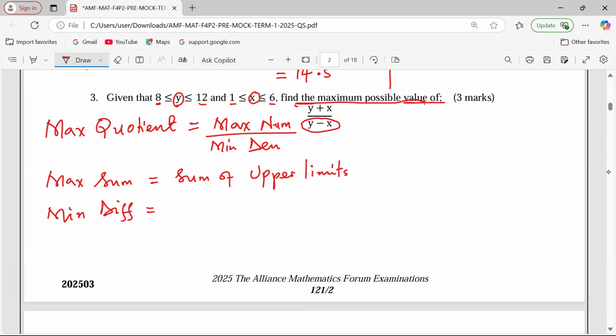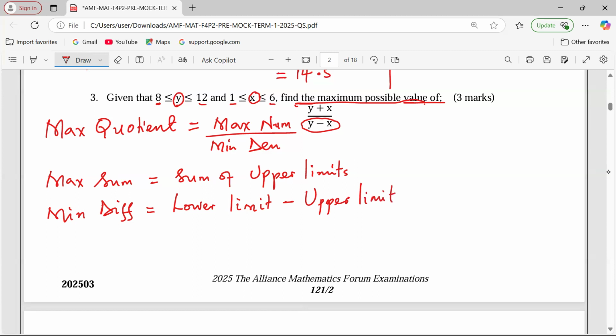Minimum difference is given by the lower limit of the first value, but on the other side, we subtract the upper limit for us to have a minimum difference. The upper limit from the other side.